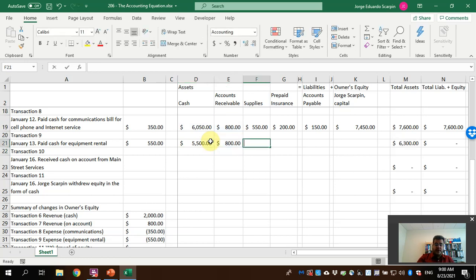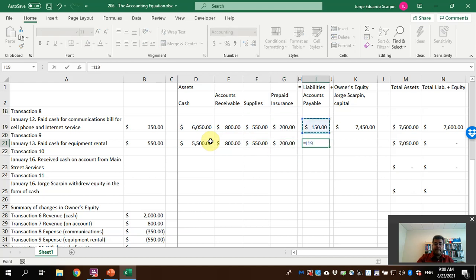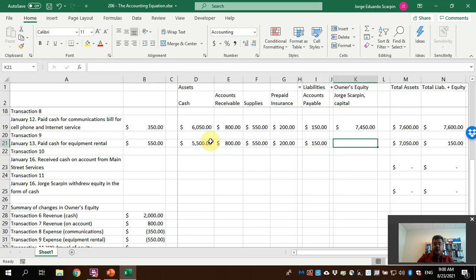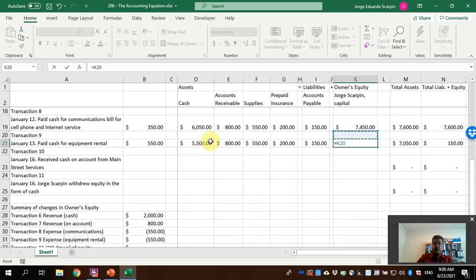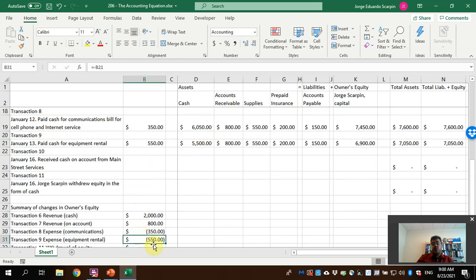All other assets remain the same. And our owner's equity goes down. And here our owner's equity is going down.